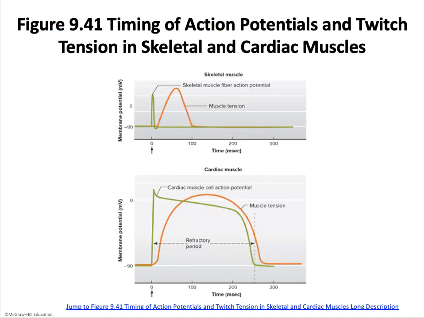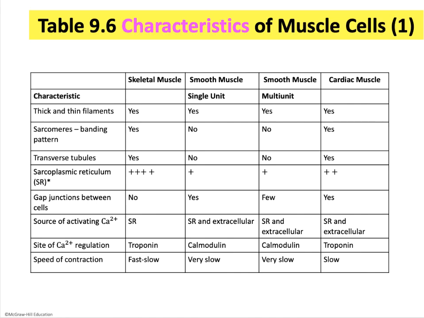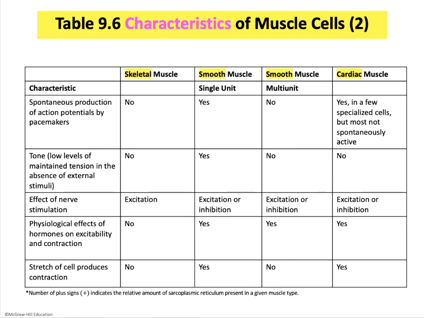One such evolutionary adaptation is that the refractory period is huge compared to that of skeletal muscle. The anatomical and physiological differences between the different types of muscle in the body are compared in table 9.6 over the next 2 slides.